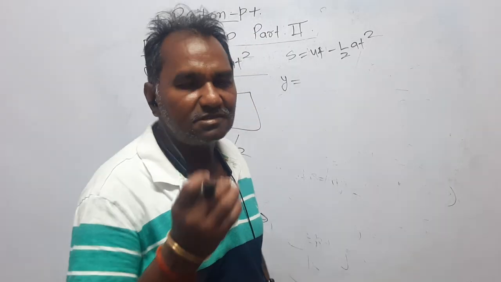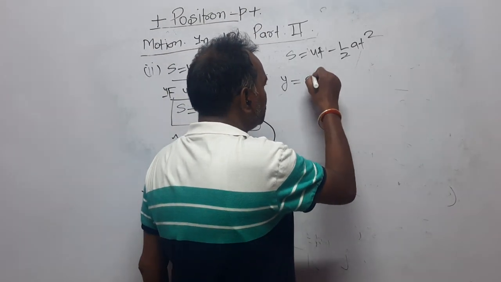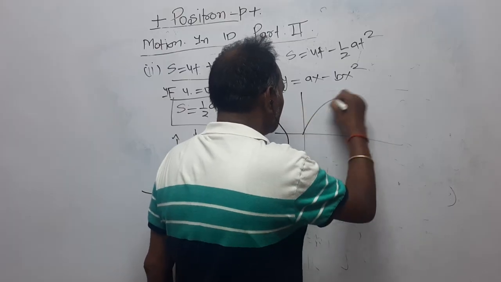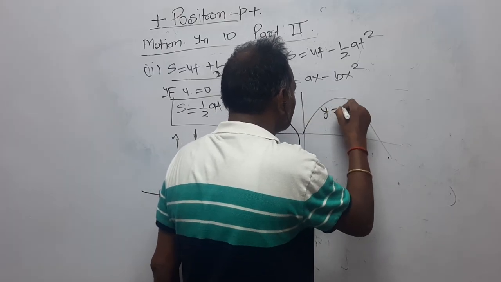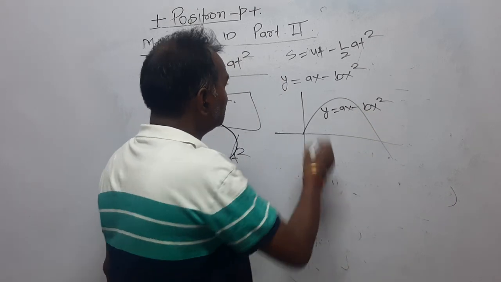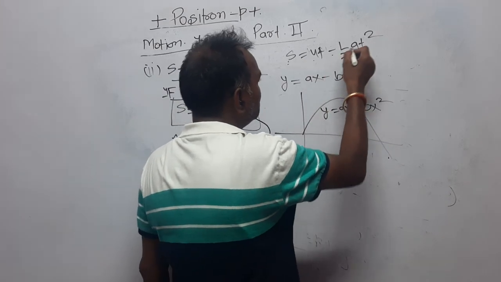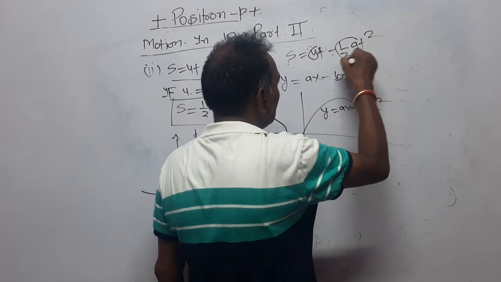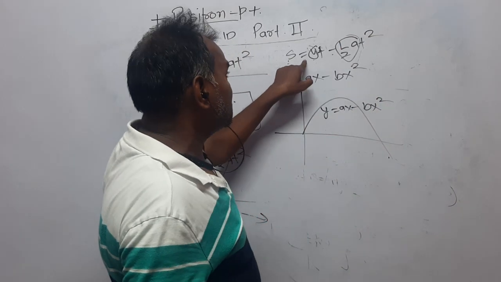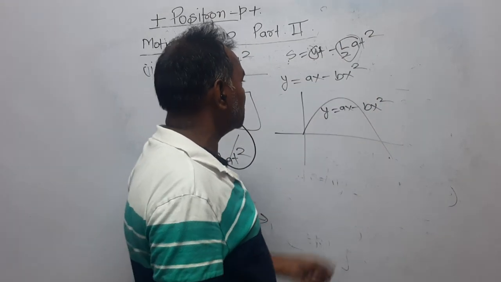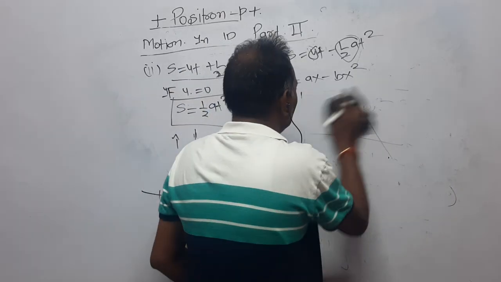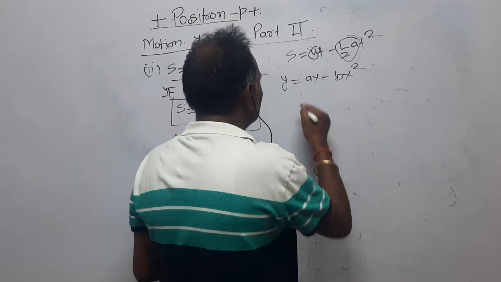The projectile equation has the standard form y is equal to ax minus bx square, where a and b are constants. Now look here, s equal to ut minus half at square, u is a constant, half a is a constant. It means when you plot s equal to ut minus half at square, the graph will be similar to this, right?